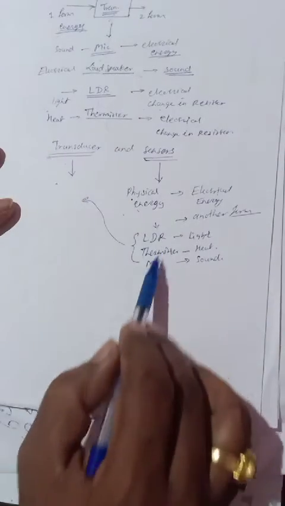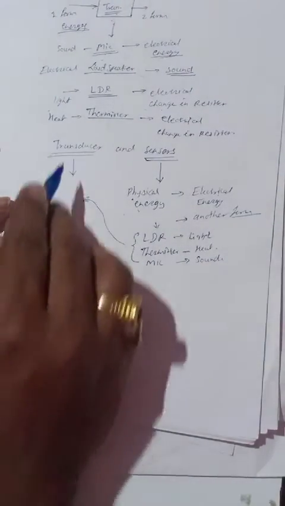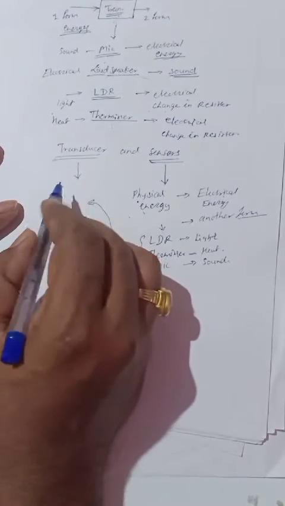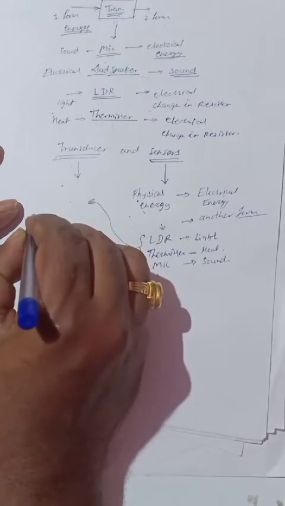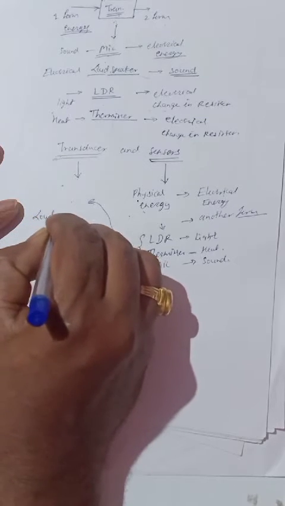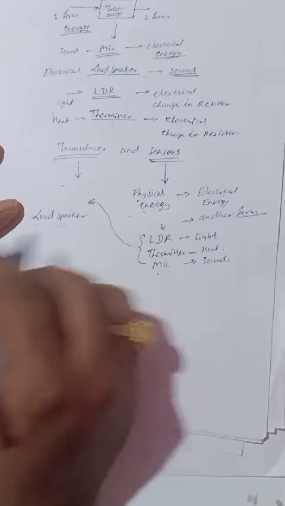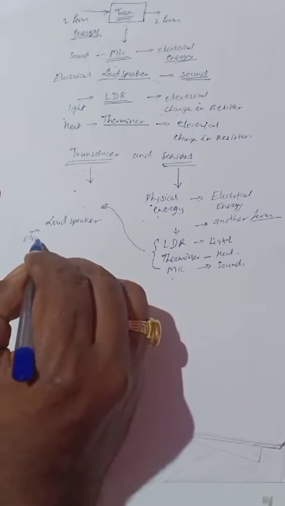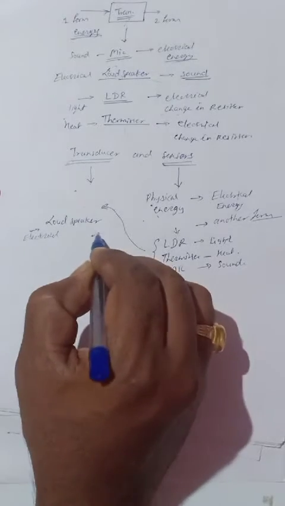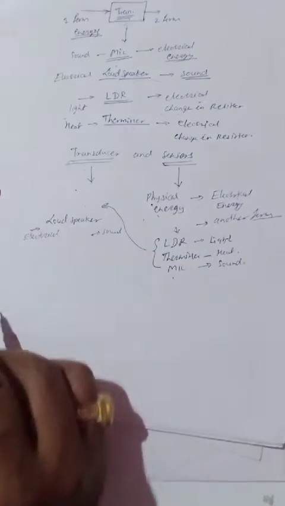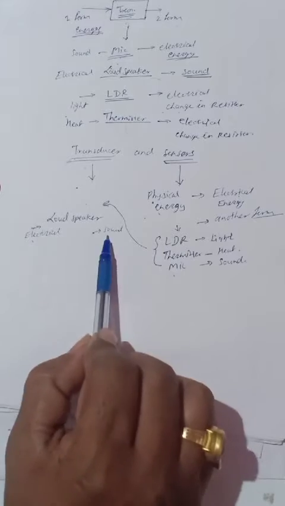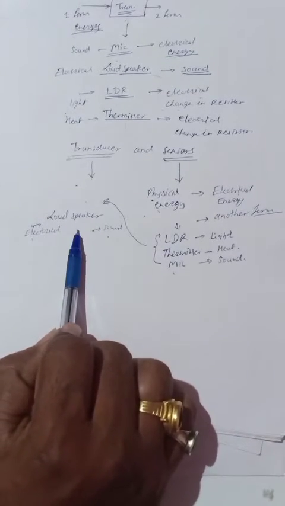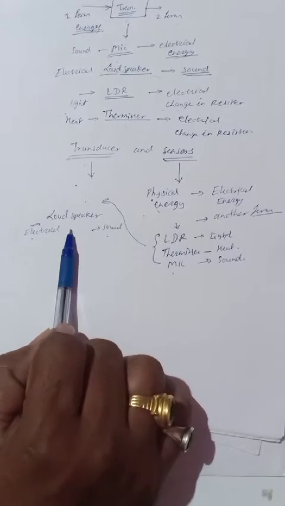All sensors are transducers, but there are some transducers that are not sensors. An example is the loudspeaker. The loudspeaker converts electrical energy into sound energy, but it is not a sensor, it is only a transducer.